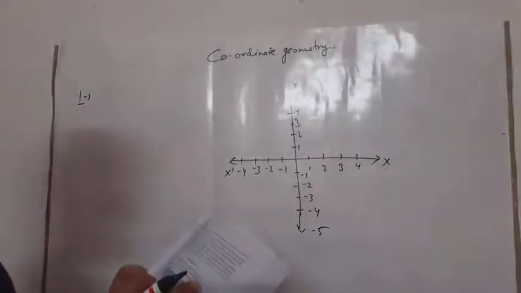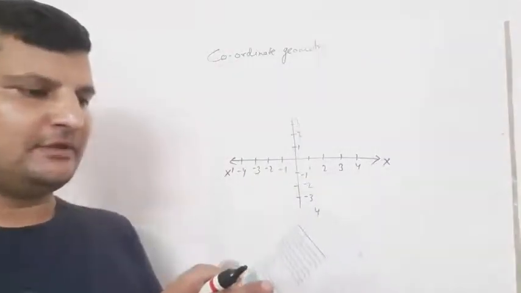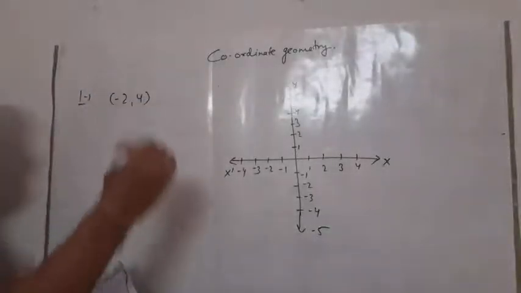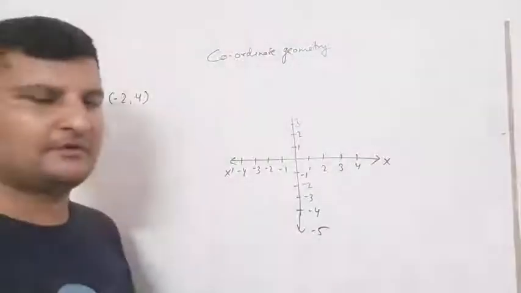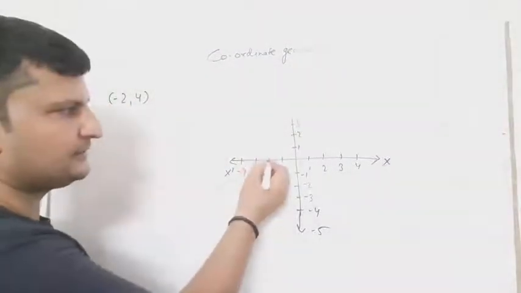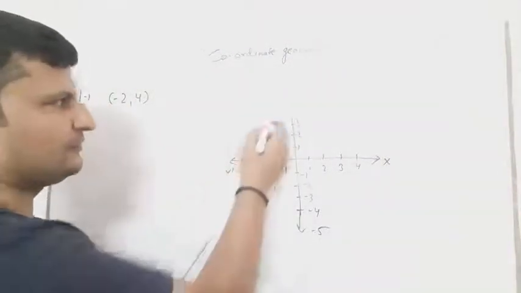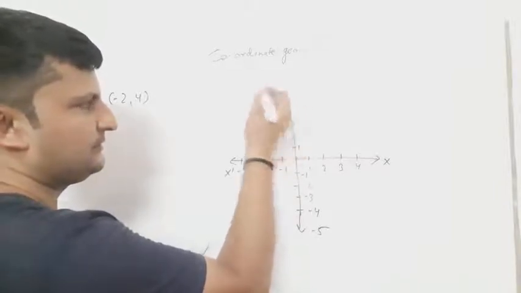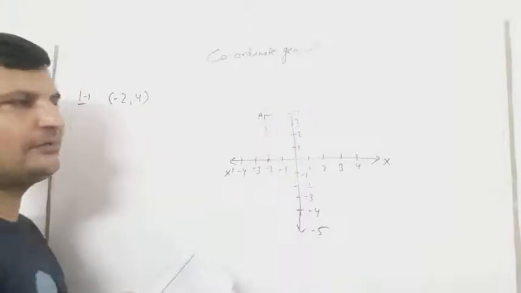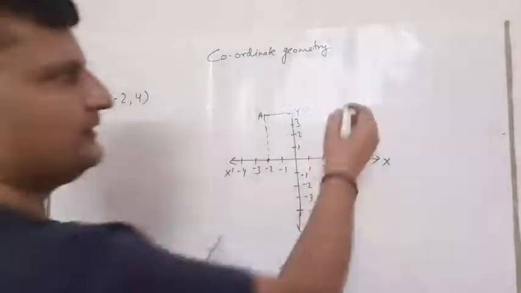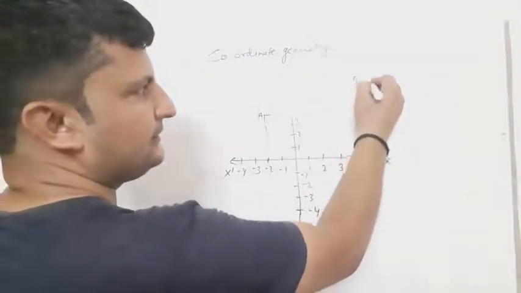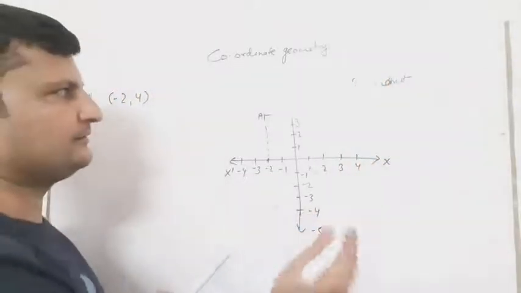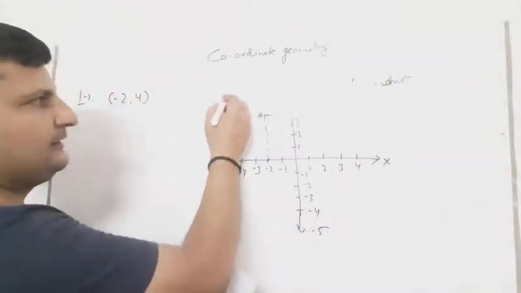So first one, the point is (-2, 4). Where is -2 and 4? We can find it here. This is -2 and second is +4. So the point is this one. We know that already, this is the first quadrant that we have done earlier.